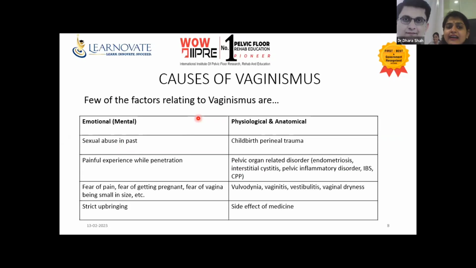So there are certain factors which can result in vaginismus. As I said, big time there is an emotional factor, and there can also be physiological and anatomical factors.